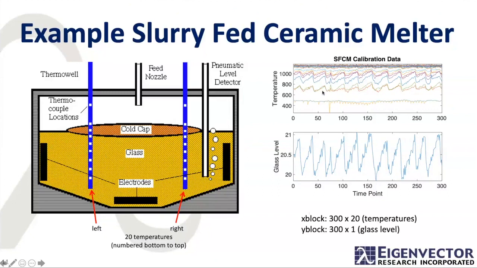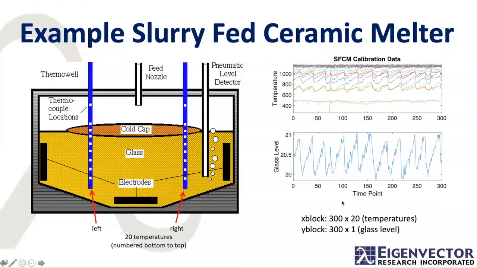So the data looks like this. We've got our 20 temperatures marching along here in time. You see the sawtooth pattern in the data. That sawtooth pattern is related to the level of the glass going up and down. The glass tank fills up, and then it drops pretty quickly as it's poured off into a canister, and it goes up again, and that's how it works.